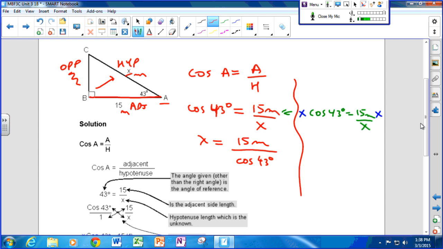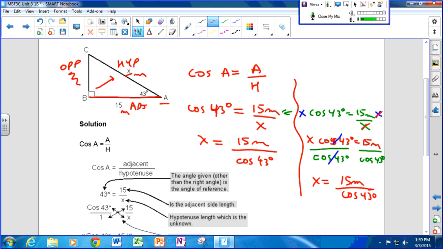Then these x's cancel each other out, so I'm left with x cos 43 degrees equals 15 meters. Now I want to get rid of cos 43 degrees, so I'm going to divide both sides by the cos of 43 degrees. And then it's going to cancel out on that side. And so when I rewrite this, I end up with x equals 15 meters over the cos of 43 degrees.